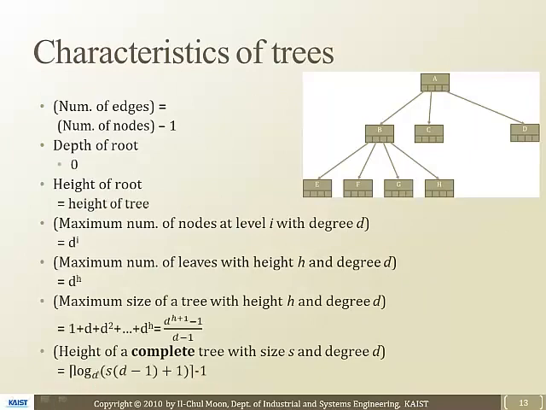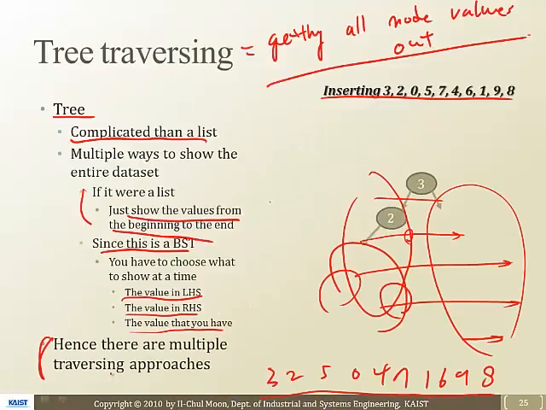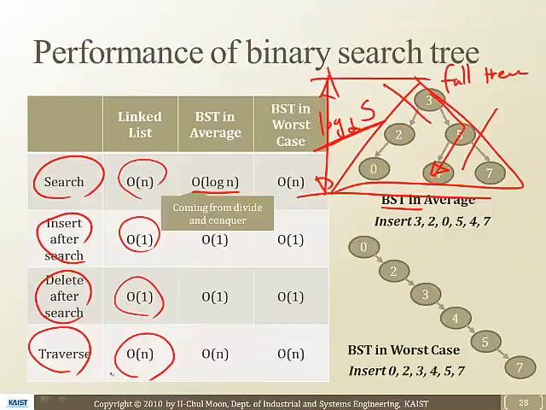Here it says log d and s, and these are all some kind of additional coefficients. So what really matters here is log d and s. In the full tree assumption, this height is log d and s with some constant, right? And this s is actually the n.